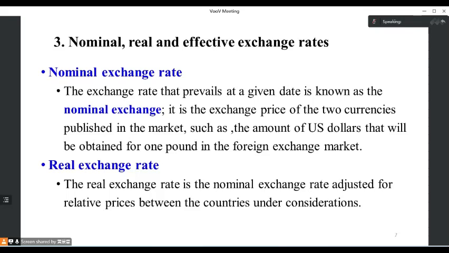Let's go on. V. Nominal, real, and effective exchange rate. Nominal exchange rate. The exchange rate that prevails at a given date is known as the nominal exchange rate.